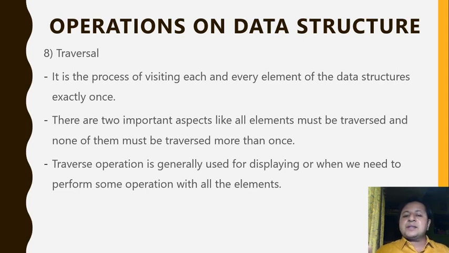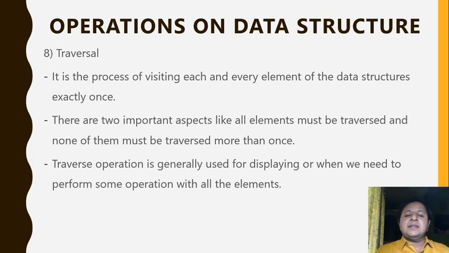See, there are two important aspects: all elements must be traversed and none of them must be traversed more than once. Now, the traverse operation is generally used for performing a variety of other operations. Suppose I want to display my data structure, then obviously I would do a traversal, because traversal will make sure that all the elements of the data structure are visited. Suppose I have a data structure of employee records, and I want to increase the salary of all the employees by 1000, what I will be performing is a traversal operation.